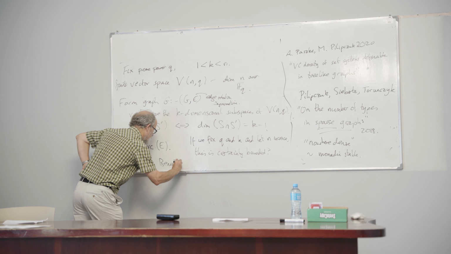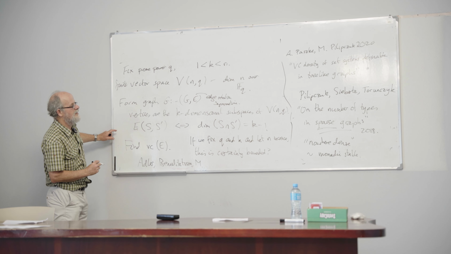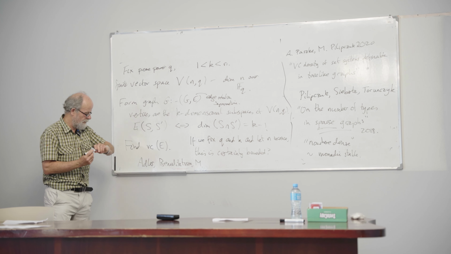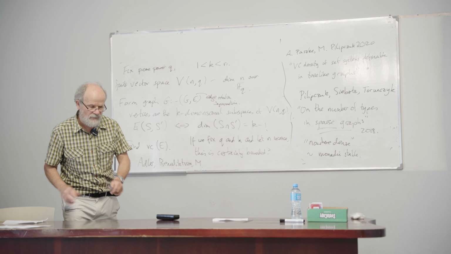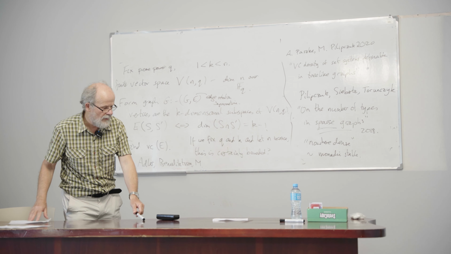It was just k-element subsets of an n-element set. So that's sort of a second problem. Okay, I'll stop there. If you're interested, one or two of you, I could tell you a little bit more about some of the methods for finding VC density. But I'll stop there for now.